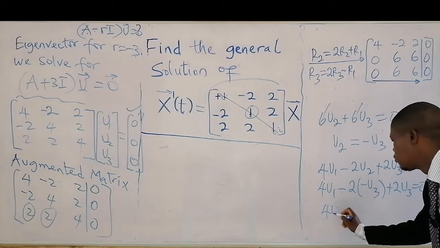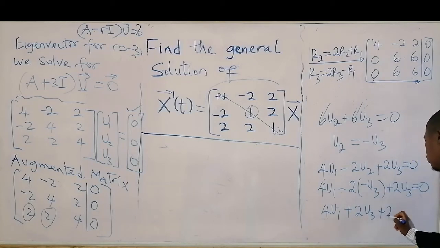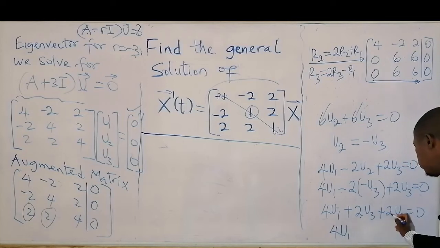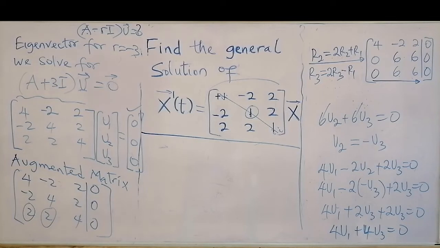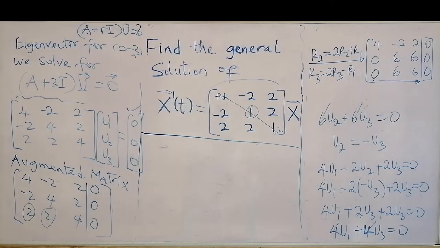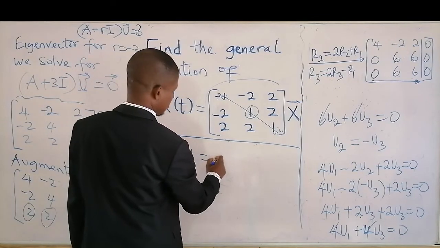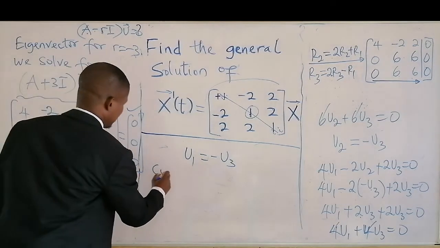So we have 4u1, plus 2u3 plus 2u3 equal to 0. So we have 4u1, 2 plus 2, that's 4u3 equal to 0. Okay? So 4 can also cancel out. Then we have u1 equal to what? Minus u3.